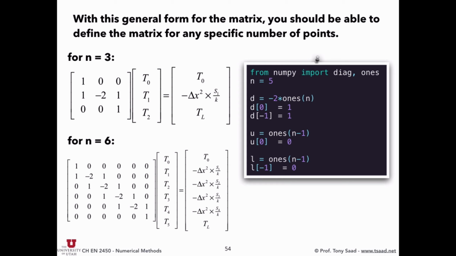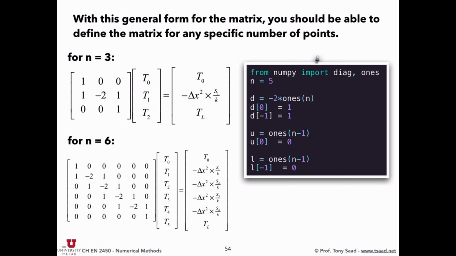For the upper diagonal, we create an array of ones and fix this first value. For the main diagonal, we create an array of ones, multiply it by minus 2, because most of the entries are minus 2, and then fix the first and last entries. I showed you examples of this in Thursday's lecture, but this is a reminder of how this is done.